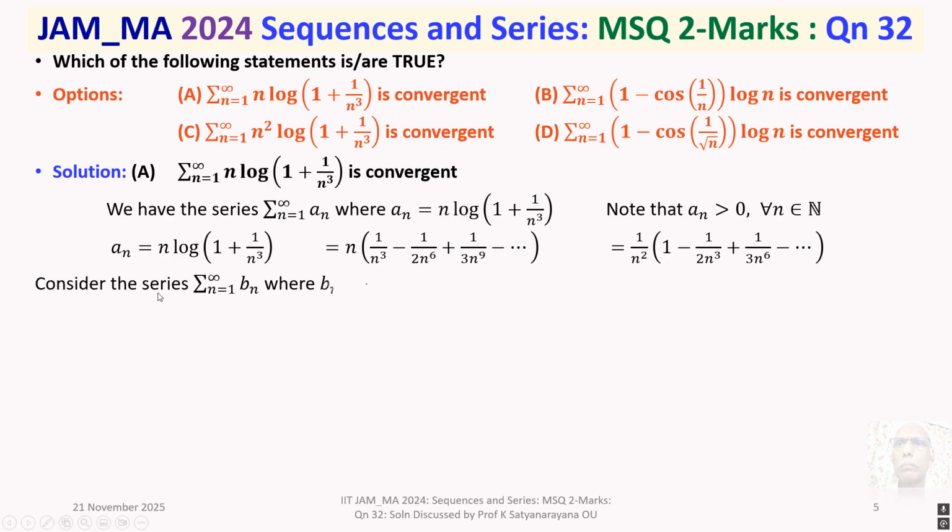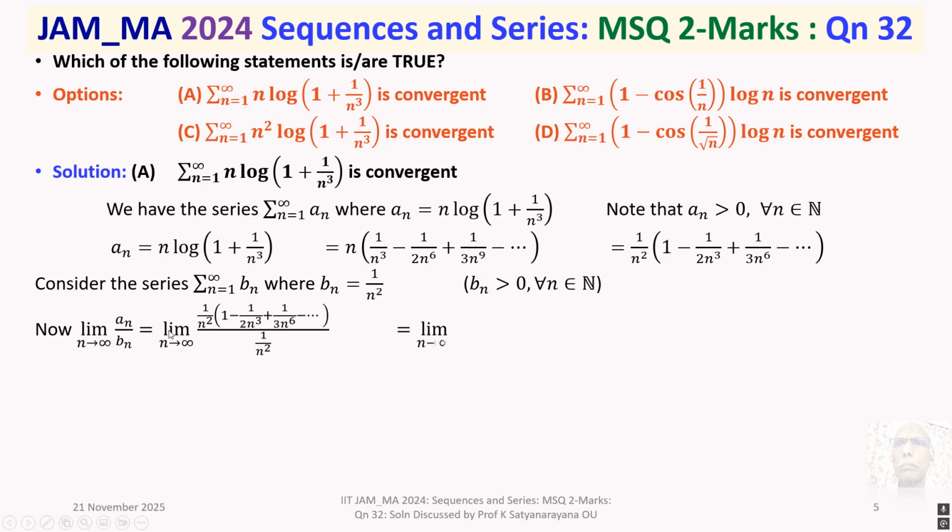Consider the auxiliary series sigma n equals 1 to infinity bn, where bn is 1 by n square. Note that for each n belonging to N, bn is positive. We now apply the limit comparison test. Limit n tends to infinity of an by bn: 1 by n square cancels, and we get the limit n tends to infinity of (1 minus 1 by 2n cube plus 1 by 3n to the power of 6 minus so on and so forth).